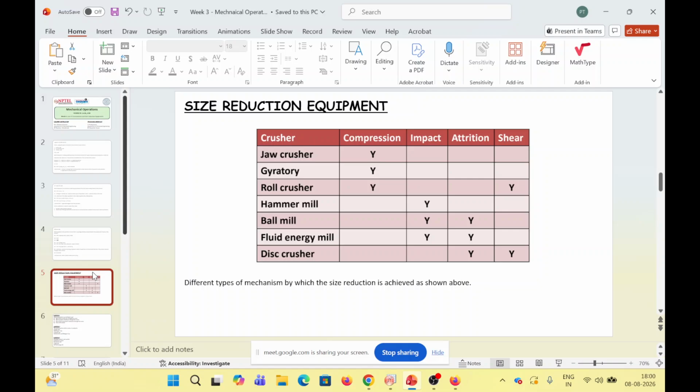As engineers, we are supposed to know this information so that we can get the right set of particles for any application that we are targeting.